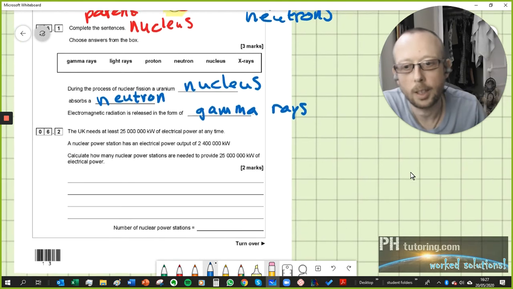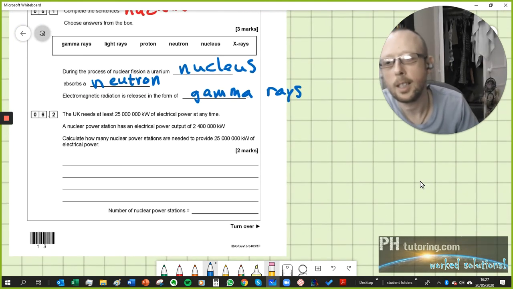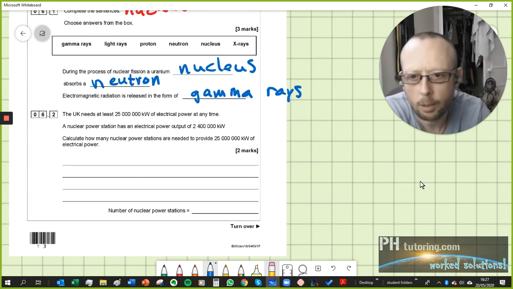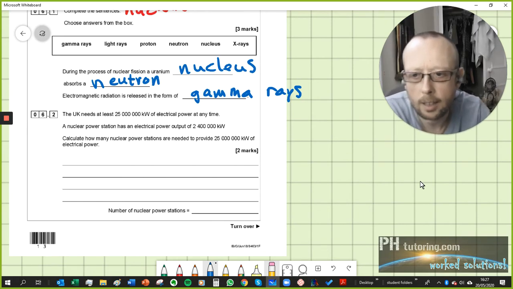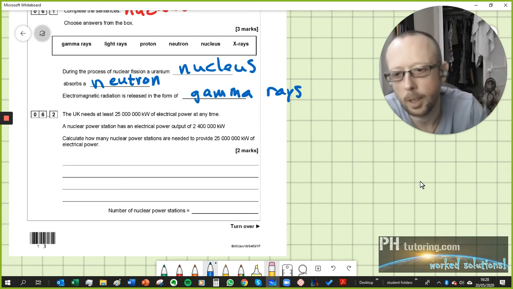Okay, so the UK needs at least 25 million kilowatts of electrical power at any time. Calculate how many nuclear power stations are needed to provide 25 million kilowatts of electrical power.